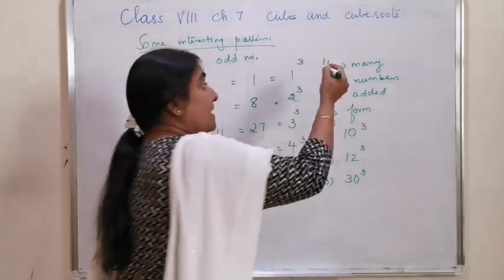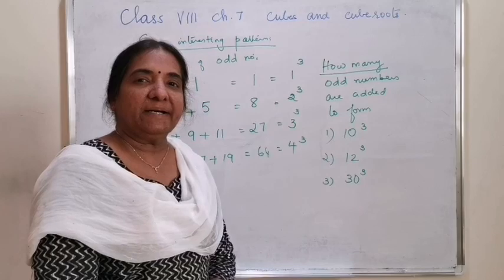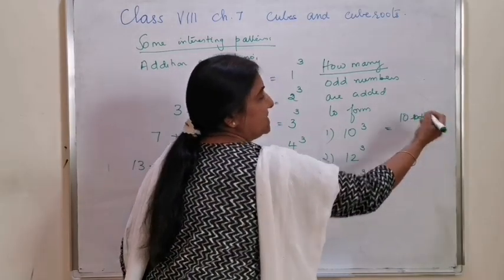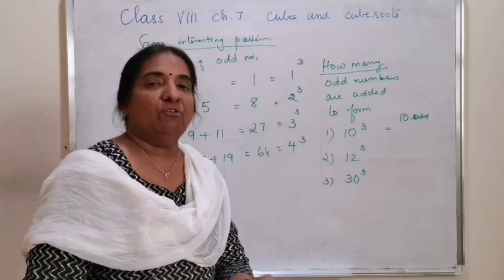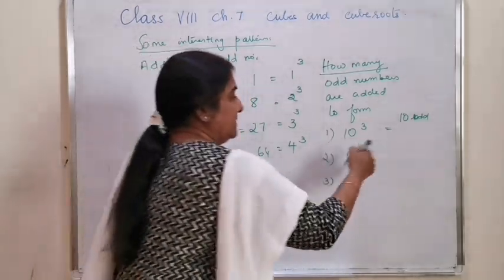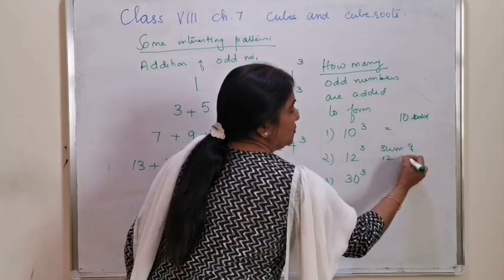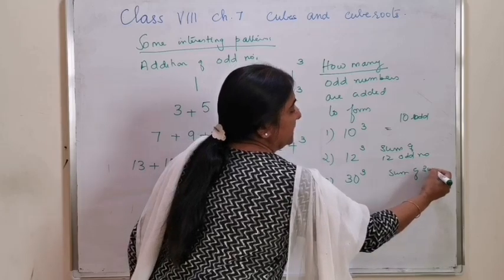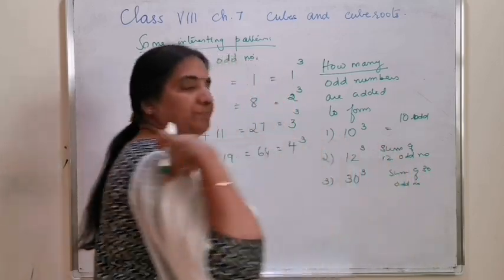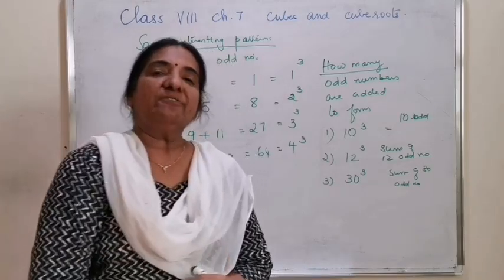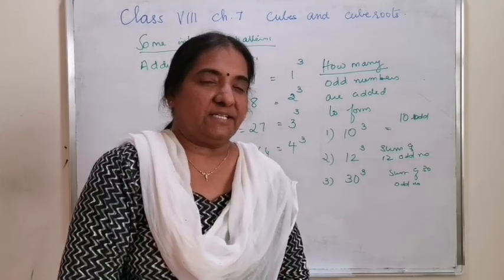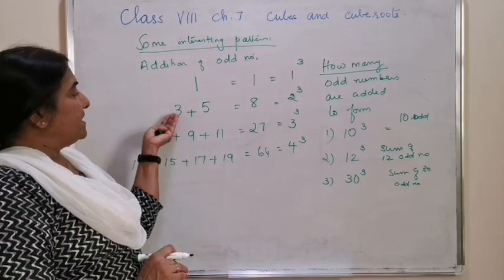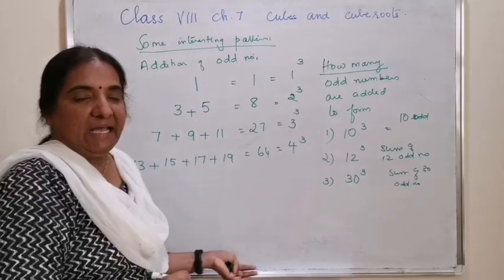You can predict very easily that for 10 cubed, there should be 10 odd numbers. It will be the sum of 10 odd numbers. This will be the sum of 12 odd numbers, and this is the sum of 30 odd numbers, but the odd numbers will not be from the beginning of 1, 3, 5, etc. It should be a continuation of the series from 1, 3 plus 5, 7 plus 9 plus 11, and so on.